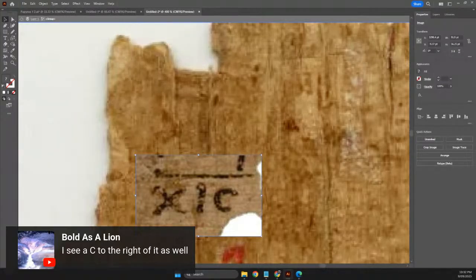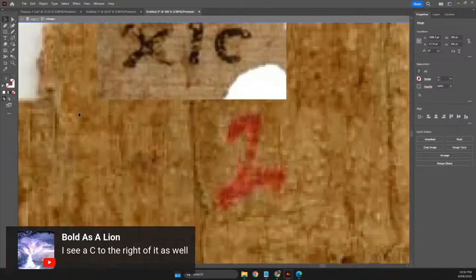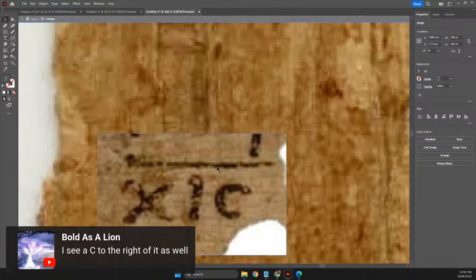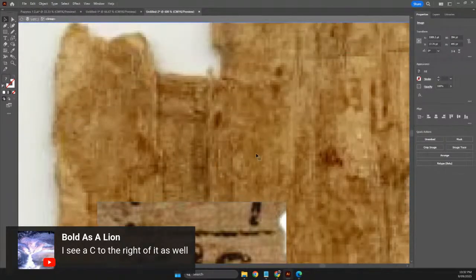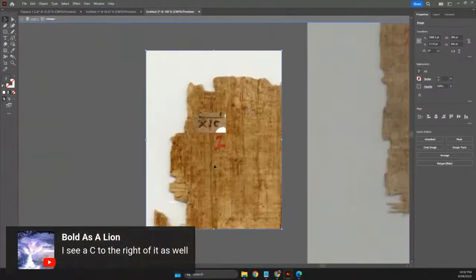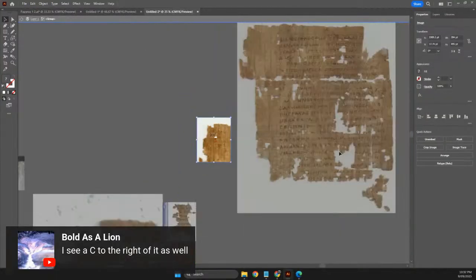So perhaps I'll zoom in a little bit. Okay, so I'm not really seeing the H there. I can sort of make it out, but I guess it's got to be in line. Let's find an H from the main manuscript document, and we'll copy and paste it.